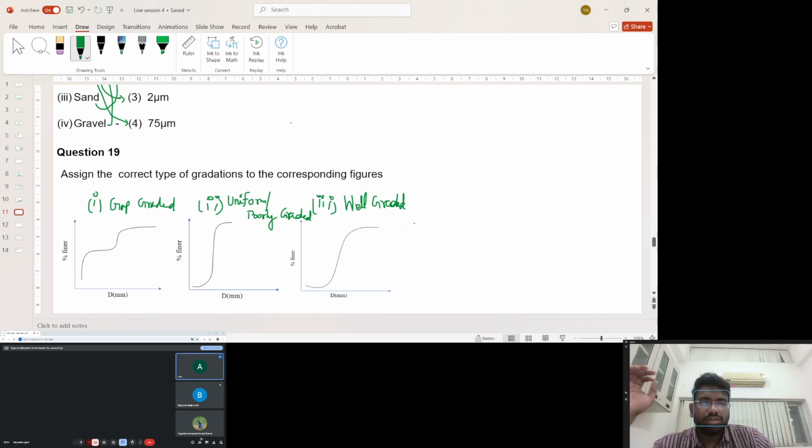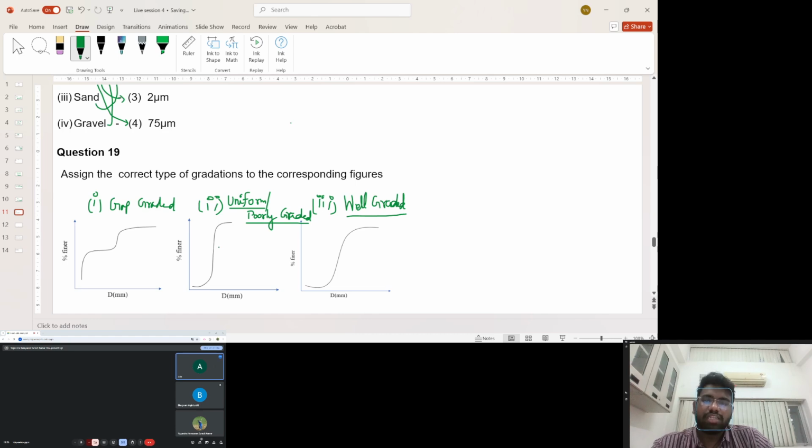That is why it is known as well graded. In case of uniform or poorly graded, the entire soil sample consists of a particular size, so the void volume will be relatively higher. That is why it is known as uniform in case of size, and poorly graded in terms of its arrangement.